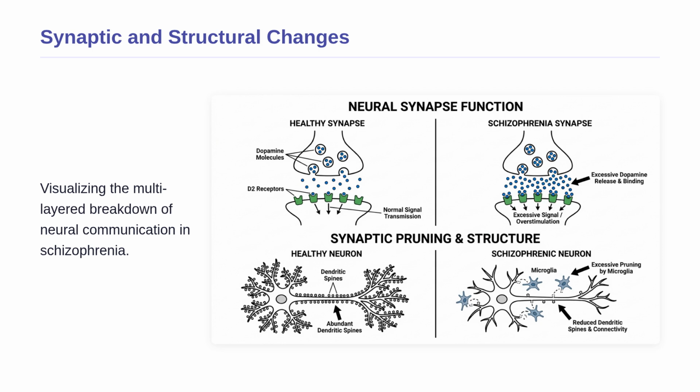Below that, look at the physical neurons. The healthy neuron on the left has abundant dendritic spines, but on the right, you can see microglia, the brain's immune cells, aggressively stripping away these spines, leaving the schizophrenic neuron severely pruned and structurally incapable of normal communication.